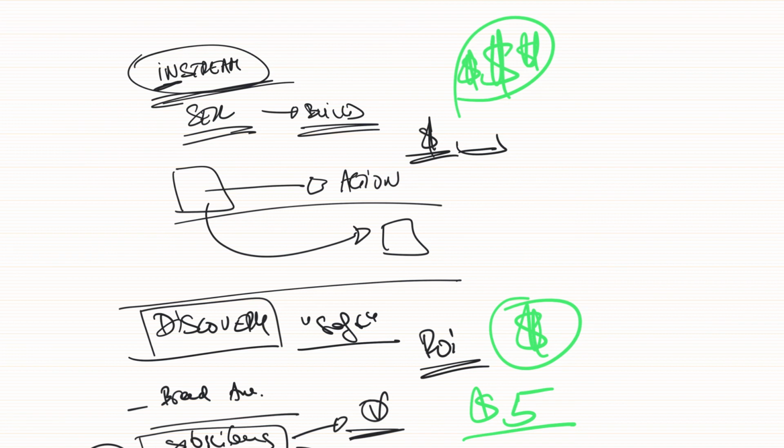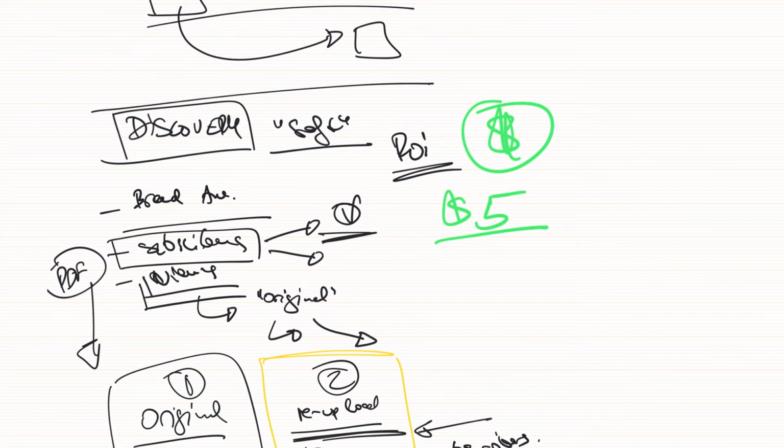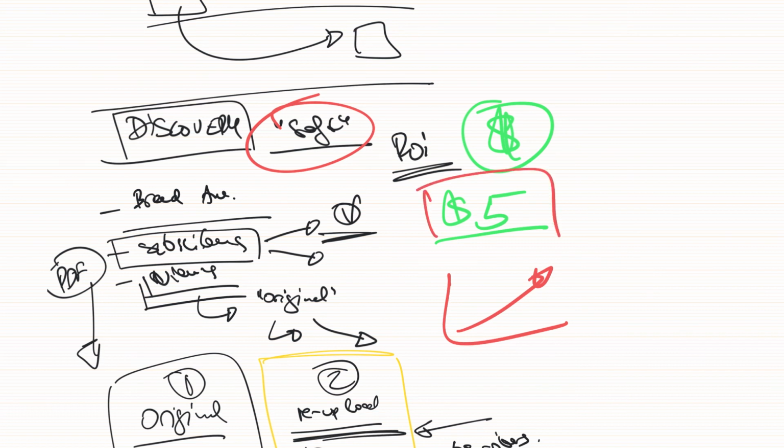If you start Instream ads with just $5 per day, it will take a lot of time to get the data to know how to optimize and so on. But with discovery ads you could get really cheaper results. And as I told you, it's a softer approach, so you're probably not going to make a sale right away. It will take some time, but it could really help you grow your YouTube channel if you have a small budget and you still want to invest in YouTube ads.